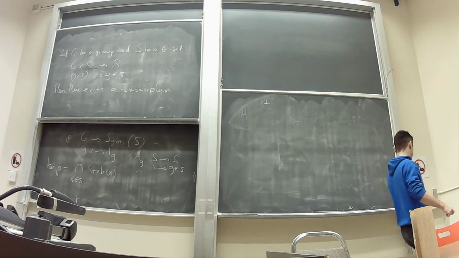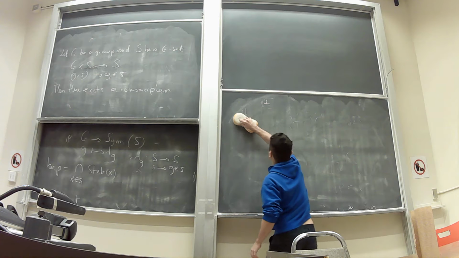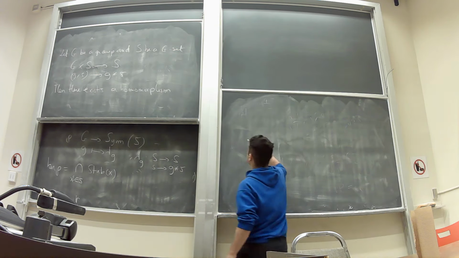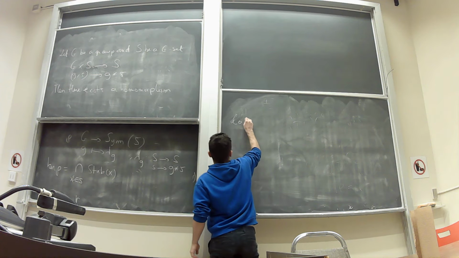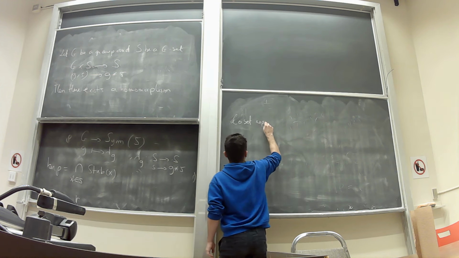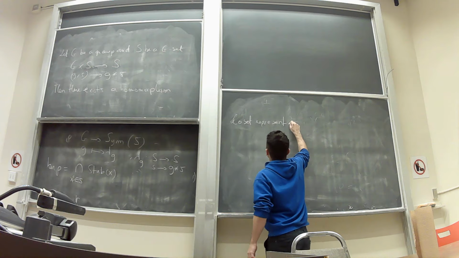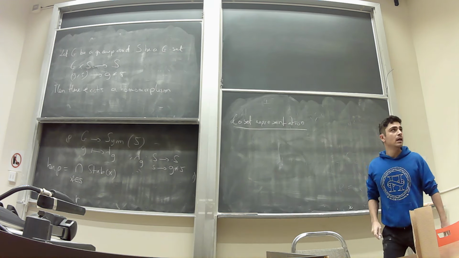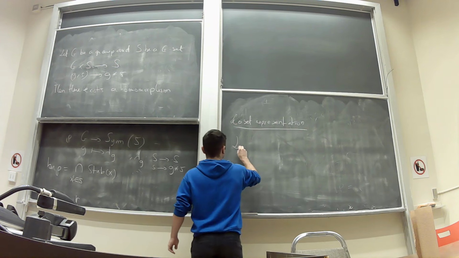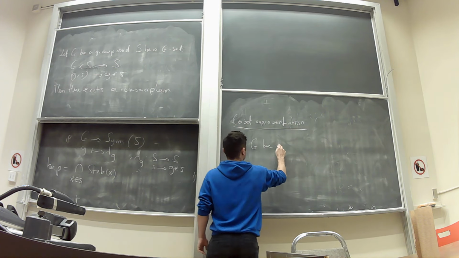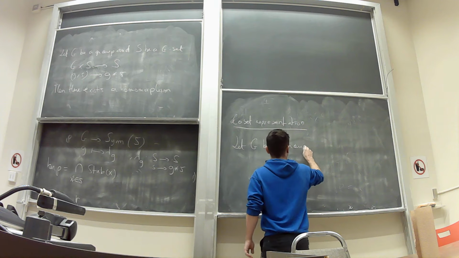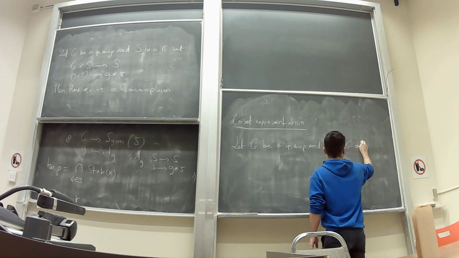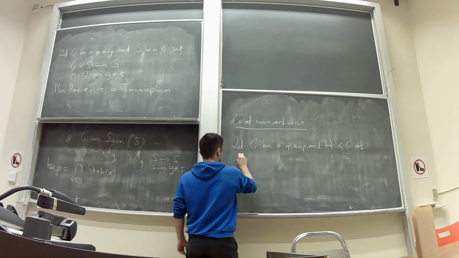Let G be a group. People call it the coset representation. Let G be a group and H a subgroup of G of finite index n.